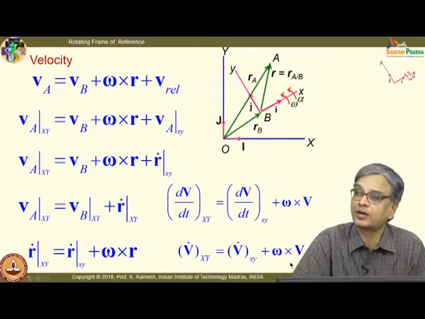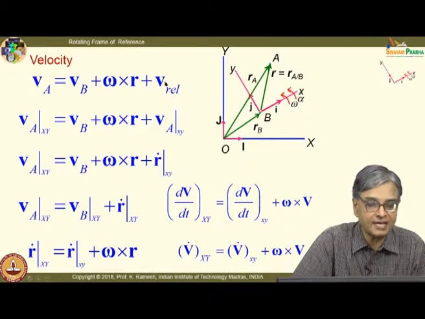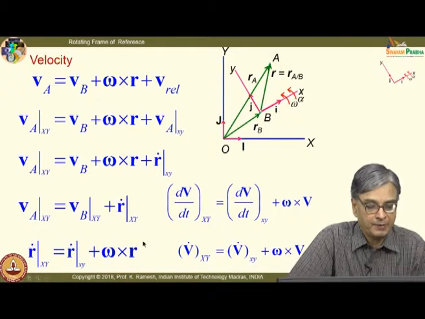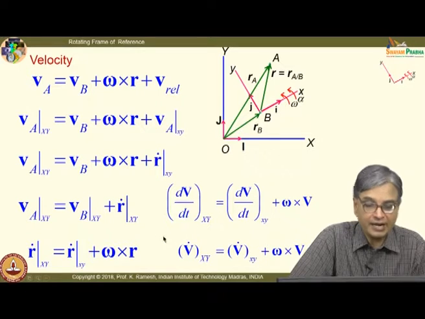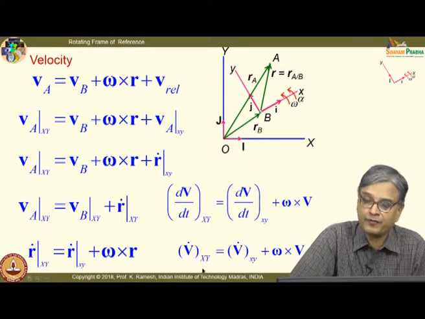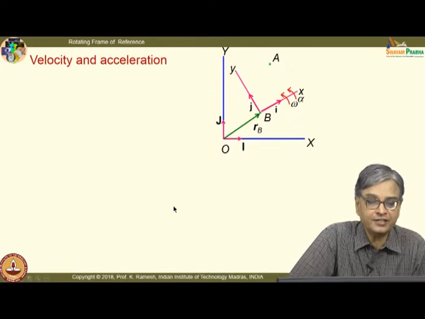This is very important. If you look at this expression, it can be viewed in this fashion. So you have to be very clear about it, and we use this important expression to go from a fixed frame of reference to the rotating frame of reference. We utilized it for the derivation of acceleration.